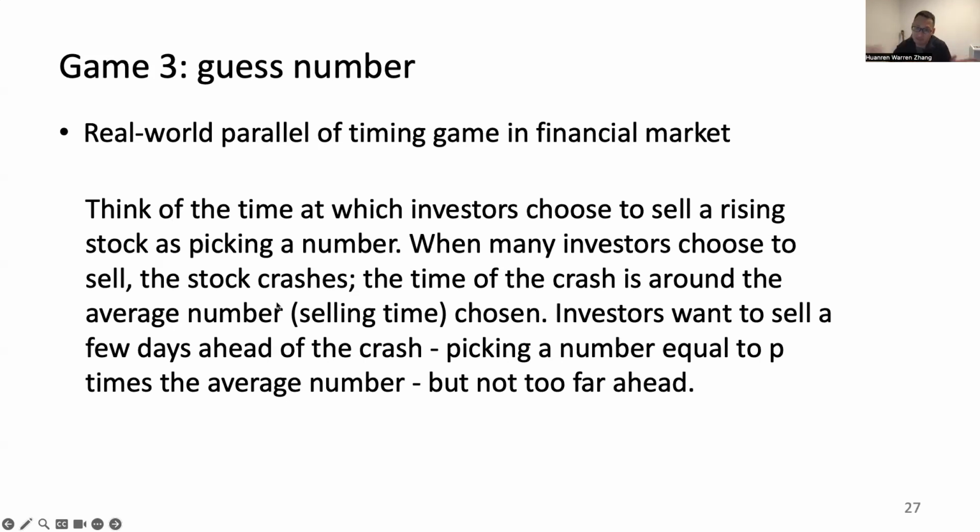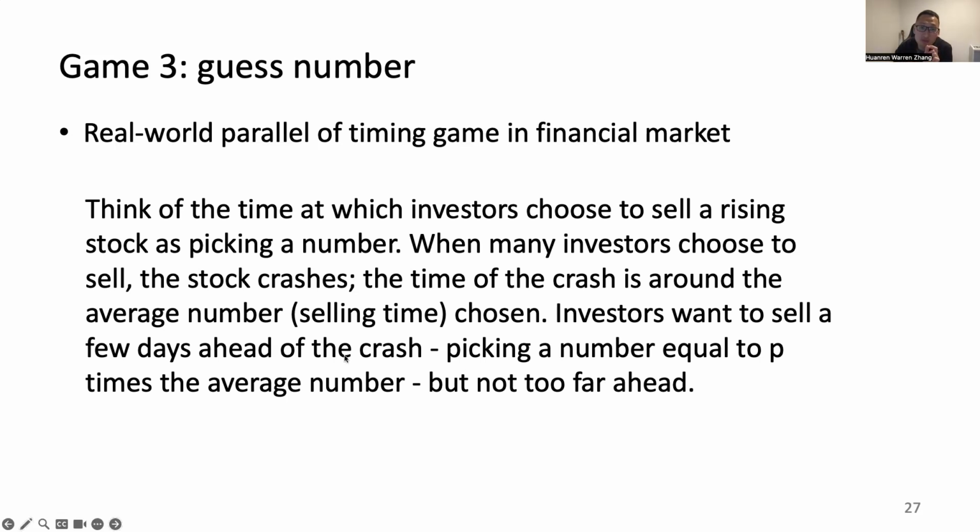When every investor is trying to sell, the supply of the stock is so high that it will drive down the price, so the stock price will crash. And the timing of this crash is around the average of the selling times chosen. What investors want to do is sell a few days ahead of the crash, right? So you need to choose a good timing.